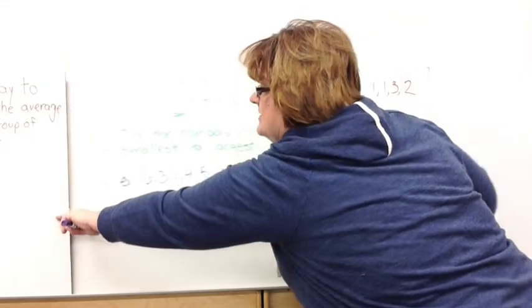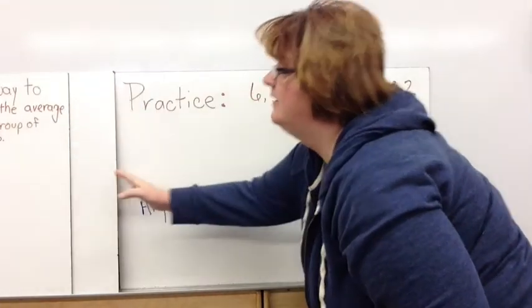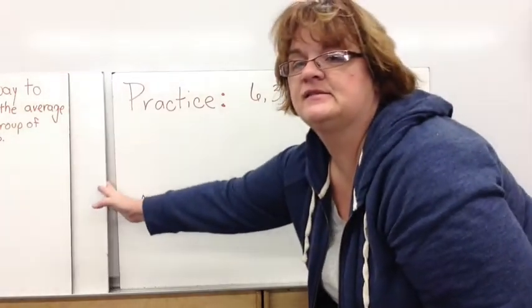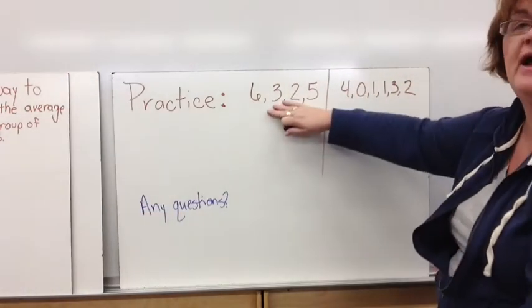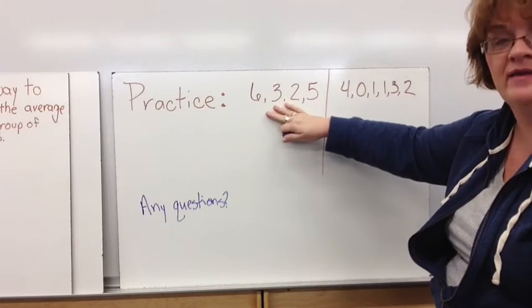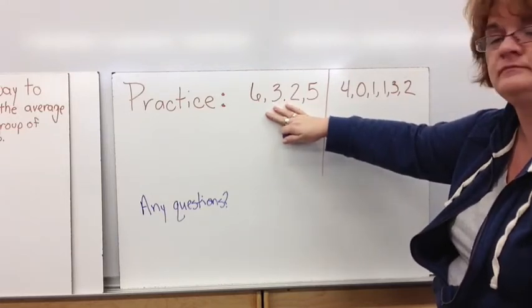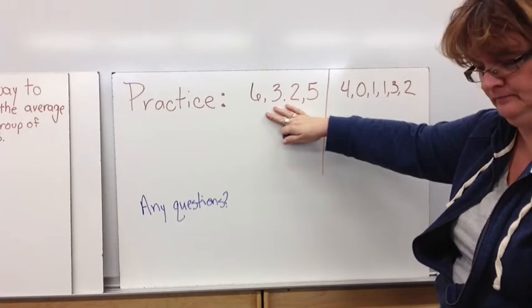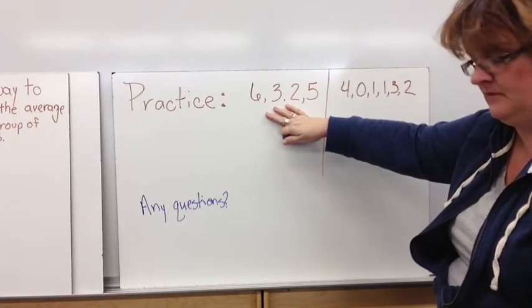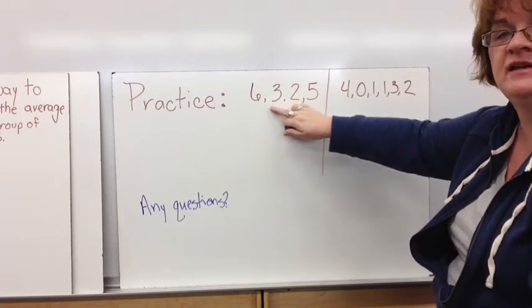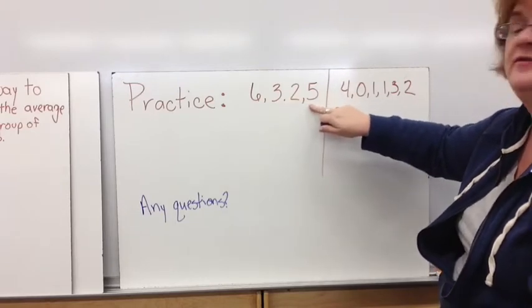Okay, let's go ahead and take a look at a way that you can practice this. Okay, here I have a set of numbers. Go ahead and write these numbers in your book. I'll give you a minute. Okay, the numbers are 6, 3, 2, and 5.